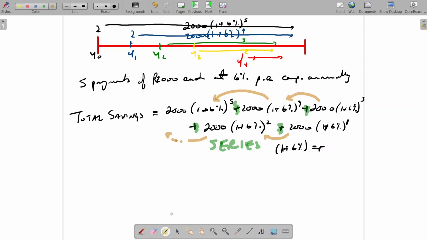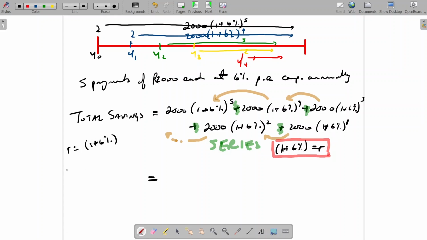Okay, now this would be geometric with an R value of 1 plus 6%. So again, we can take this idea for this particular sum and we could say, hold on, this would equal, well, let's have a look at it. We've got R equals 1 plus 6%.